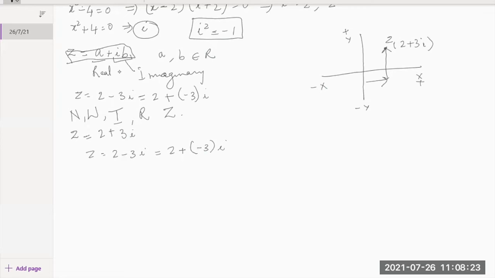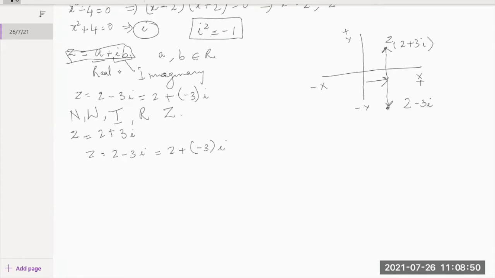First I go 2, and it is −3, so I come down, and this gives me the position of 2 − 3i. So remember that 2 + 3i is not the same thing as 2 − 3i. So the representation of a complex number is done with the help of the coordinate axes. This is something extra which I am telling you.